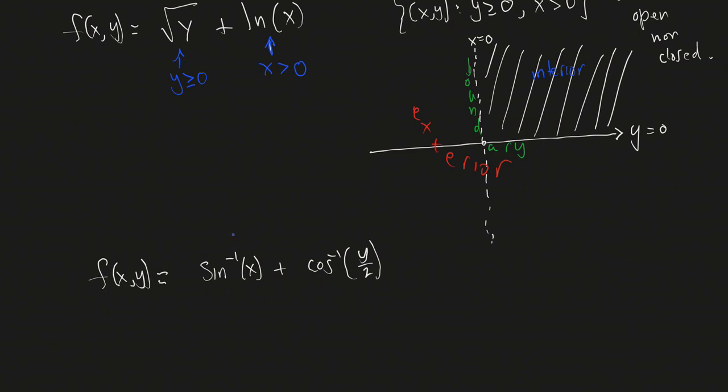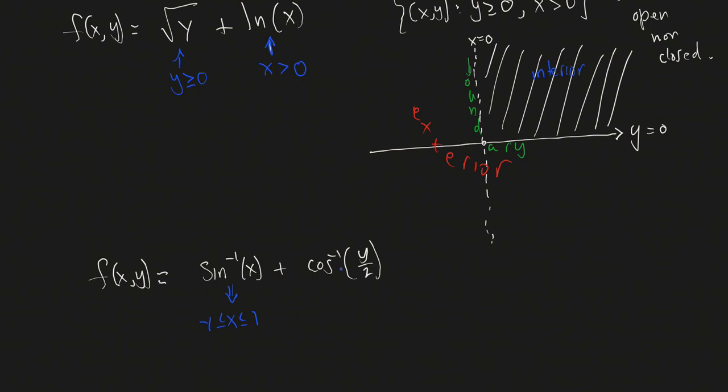For the arc sine to be well defined, your x, the argument of the function, the thing that you're taking the arc sine of, has to be between plus or minus 1, right? So in other words, the domain of your basic arc sine function is where x has to be between plus or minus 1.